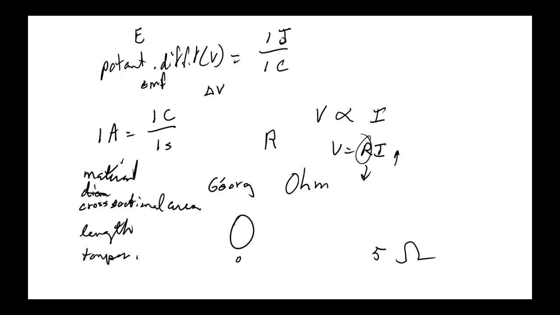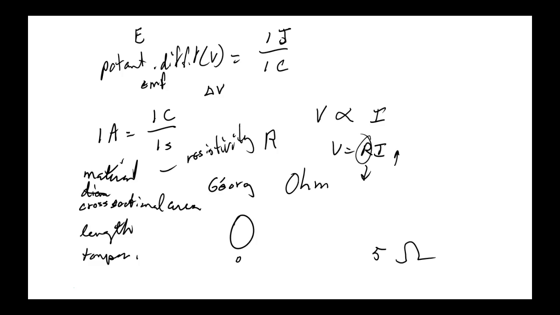The material, characteristic of material is called the resistivity. And that would be the same for any material at a given temperature. Silver has the lowest resistivity, copper next, aluminum, gold is shortly after aluminum, and so on.